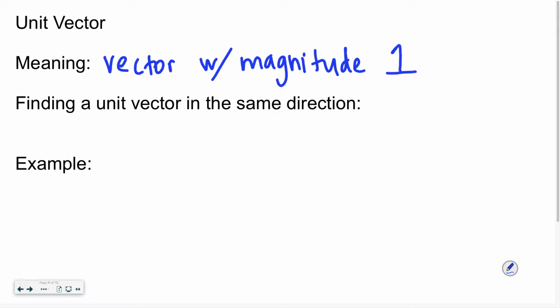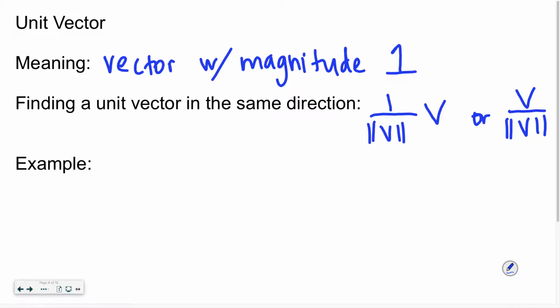But the calculation is the exact same. So I'm curious as to what that calculation was. Or you can write it as v divided by the magnitude of v, however you wish to write it.